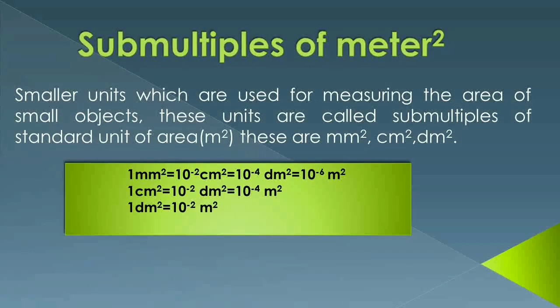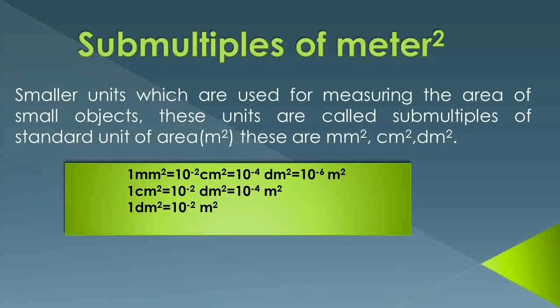In decimeter, it will be 10 to the power minus 4, that means 1 upon 1000 decimeters square. Or in meter square, it will be 10 to the power minus 6 meter square. So you can convert these units from millimeter square to centimeter, then decimeter, then meter.